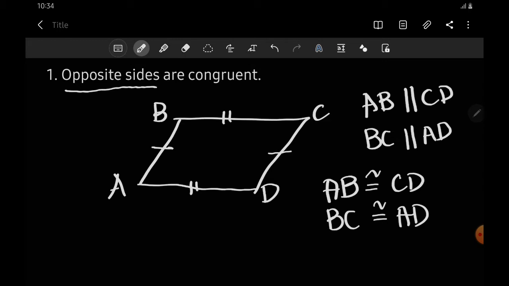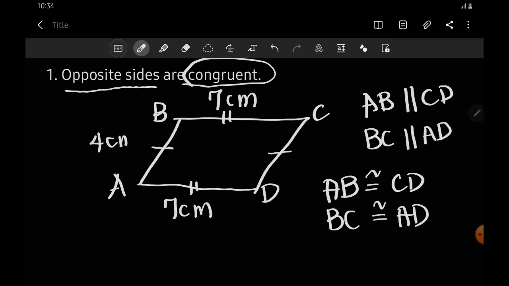Meaning to say, if the value of BC is 7 centimeters, the value of AD is also 7 centimeters because they are congruent. Also, if AB is 4 centimeters, for example, therefore CD is also 4 centimeters.